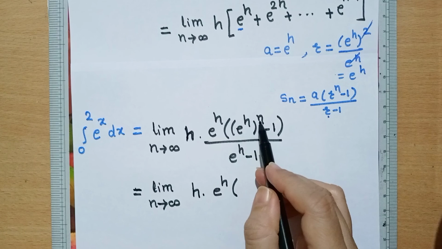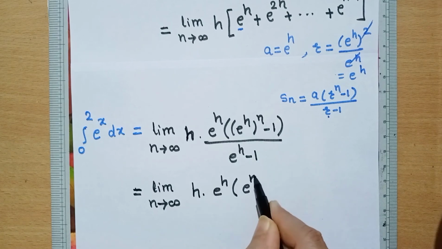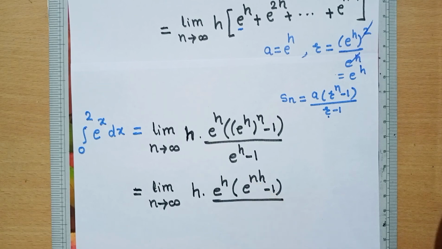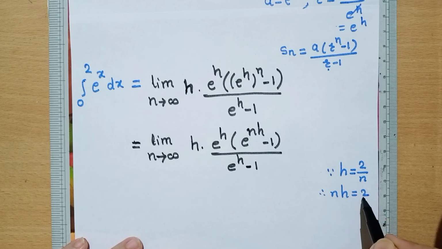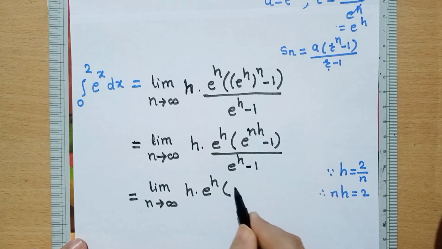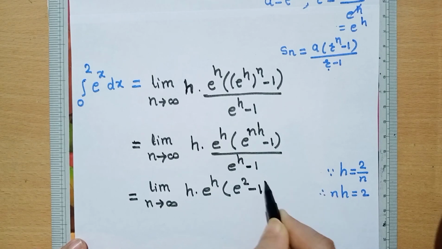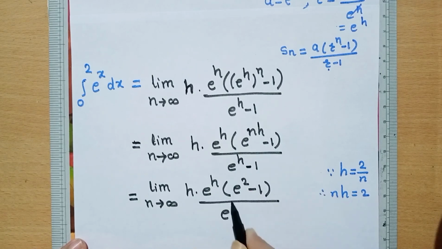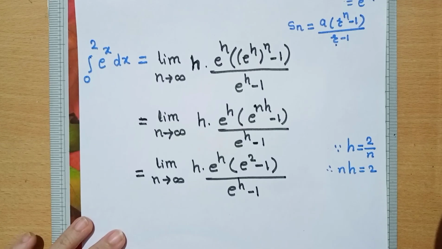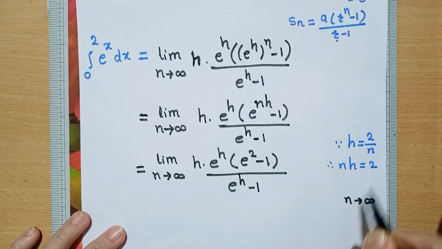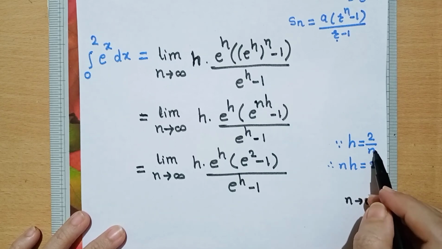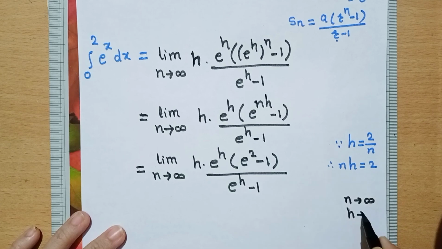And here e raised to h raised to n means e raised to nh minus 1, and upon this as it is. The value of h is 2 upon n, so nh equal to 2. We will substitute here. So here I am writing e square minus 1 and upon e raised to h minus 1. Now again in the next step, as n tends to infinity, we know, check here, if n tends to infinity, h tends to 0.